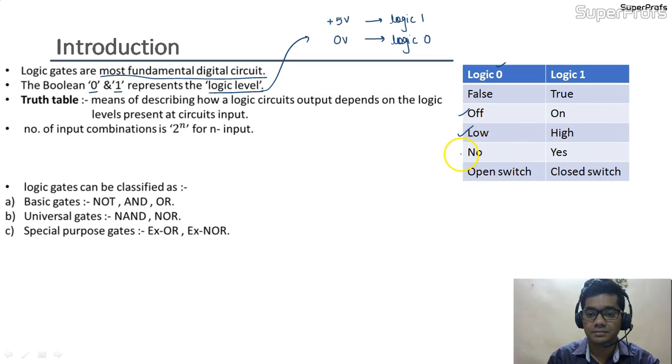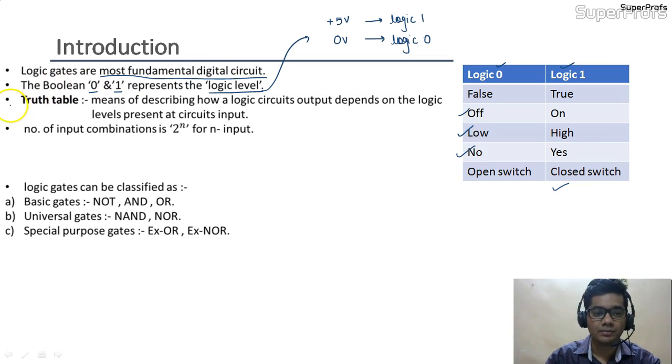If the system is giving no operation or the condition is not fulfilled, then also we use logic 0 representation. And logic 0 is also valid for an open switch, like when we discuss the switching circuits, in the open switch the logic 0 is applied. Similarly, logic level 1 holds for true condition, on condition, high condition, yes condition, as well as close condition, like a closed switch. So you can make this table of logic 0 and logic 1.